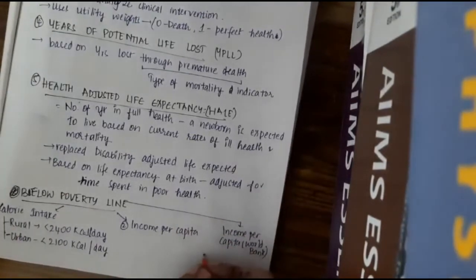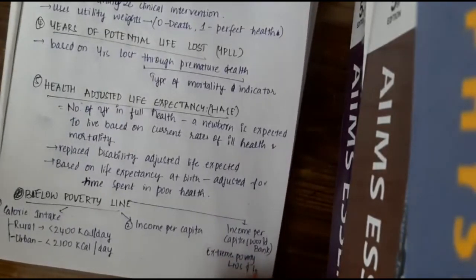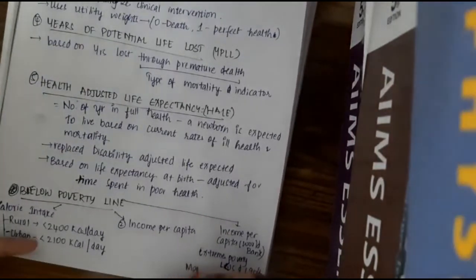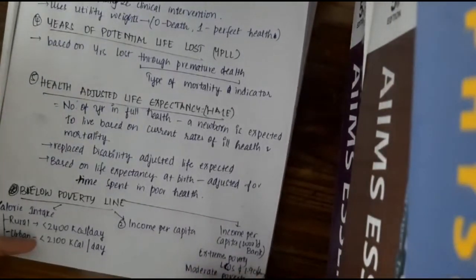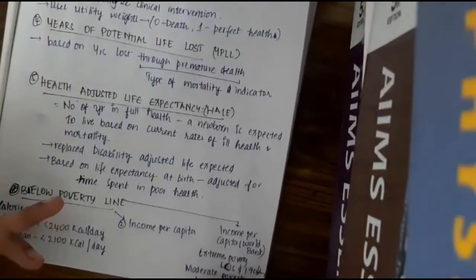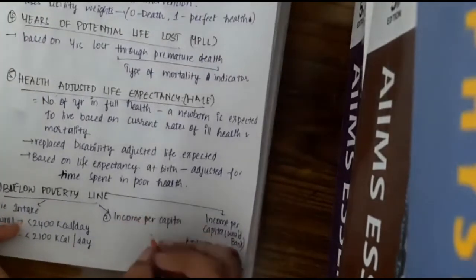Then third, income per capita according to the World Bank: extreme poverty is if US dollars are less than 1.90 per day. Moderate poverty is if US dollars are less than 3.10 per day.